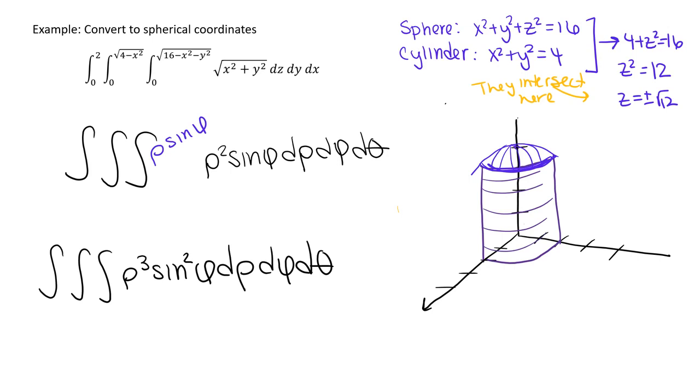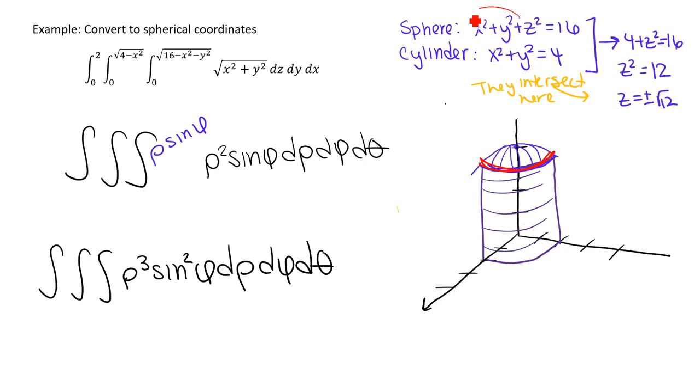So before we do that, it's going to be helpful to know, where do this cylinder and that sphere intersect? Where do they cross? I'm going to use substitution with those equations to figure out where they intersect. My sphere is x squared plus y squared plus z squared equals 16. The cylinder is just x squared plus y squared equals 4.